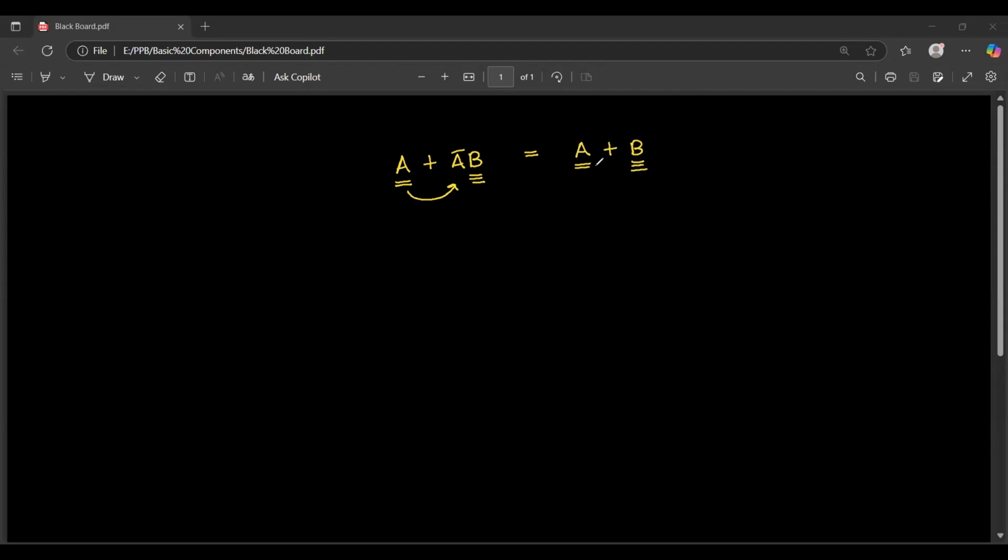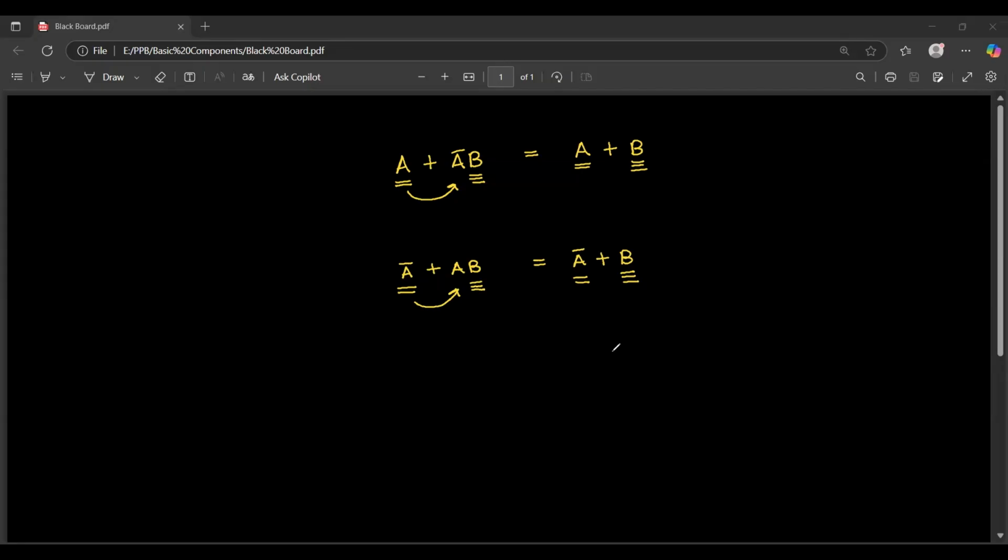You can also consider it like this: A bar plus AB is equal to A bar plus B. Why? This is the signal, this is the inverse of the signal, and this is the other signal. So the output will be the signal or the other signal. That's what you have to keep in mind when simplifying expressions using the redundancy law.